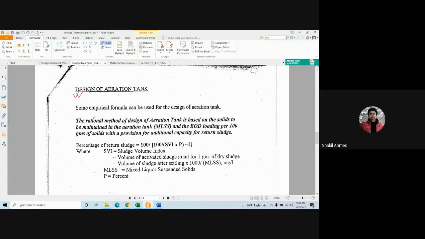So the rational method of design of aeration tank is based on the solids to be maintained in the aeration tank. Mixed liquor suspended solid. This is called mixed liquor suspended solid.